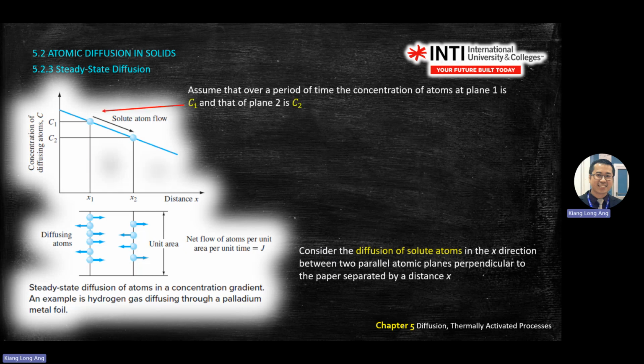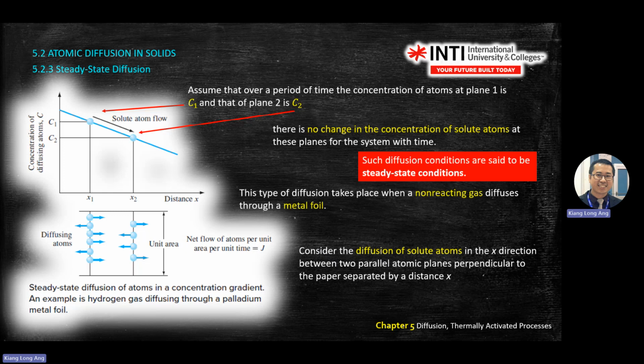If you look at this graph, over a period of time, the concentration of atoms at plane 1 is C1 and at plane 2 is C2. There is no change in the concentration of the solute atom at these planes over time. Such a diffusion condition is said to be steady state.